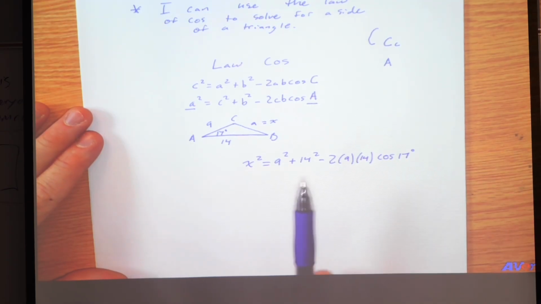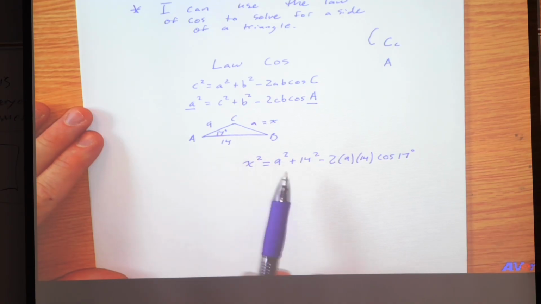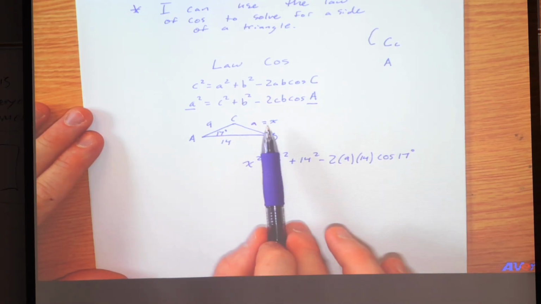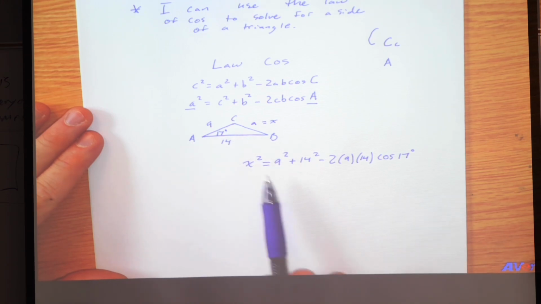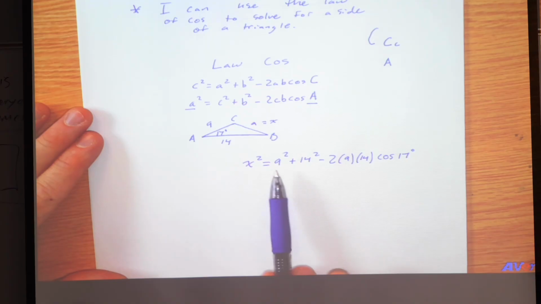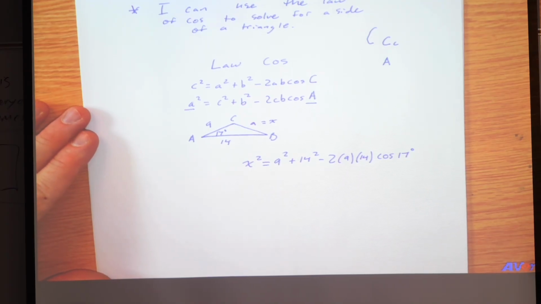Now what I'm thinking in my head is I'm not really thinking which is the A, the B, and the C. I think my side is opposite of my angle. Okay, so the side is opposite of the angle, and then the sides that are given, we're just going to plug into the sides that are given right there. That's kind of what I'm thinking in my head.